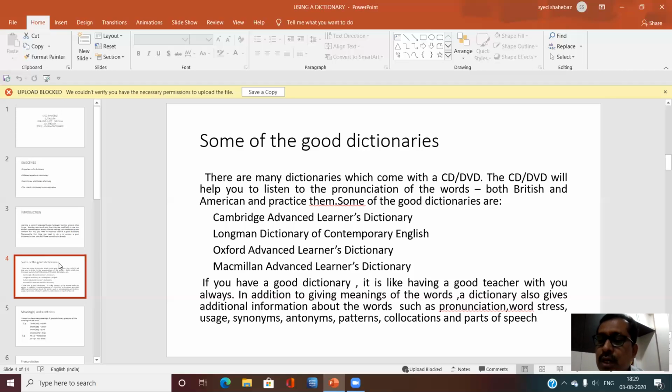So you can learn synonyms in a dictionary. At the same time, you can learn antonyms also. Antonyms means opposite meaning. If you learn antonyms along with the meanings, you can expand your vocabulary base, and you can communicate very easily, effectively, without any hitches, without any gaps.